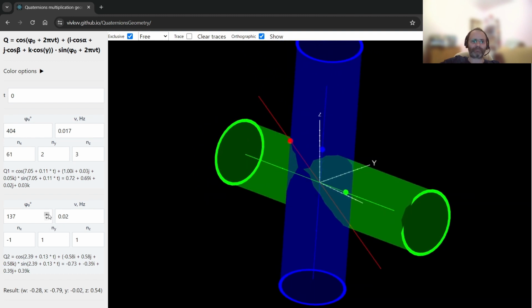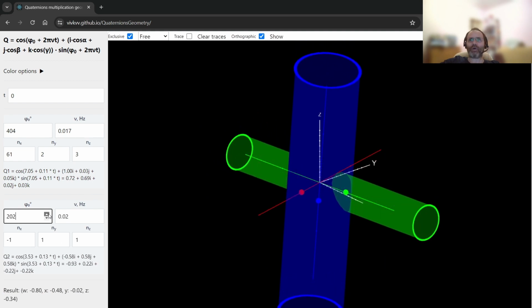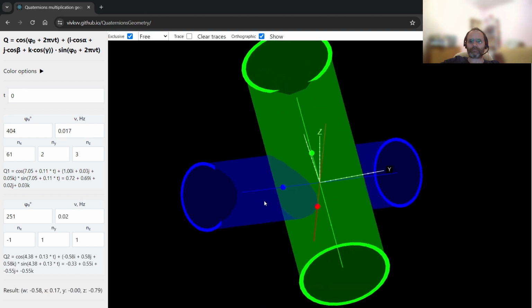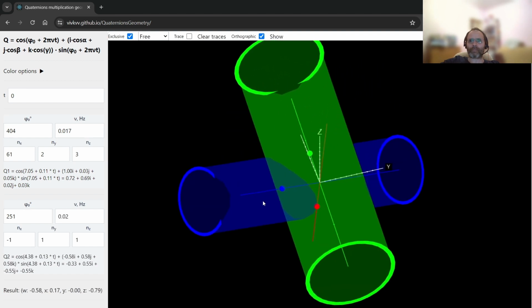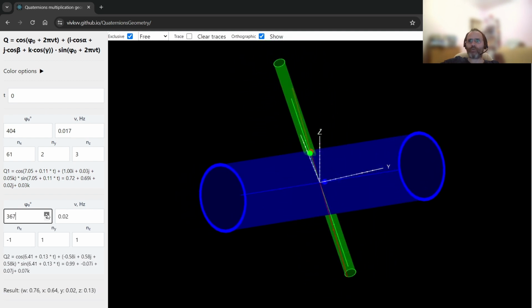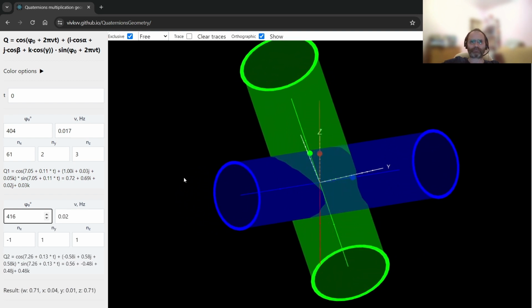The same thing will happen if you change the angle of the second quaternion. Now the radius of the first cylinder, green, will change, but the resulting quaternion will still lie on the surface of both and therefore on the line of their intersection.